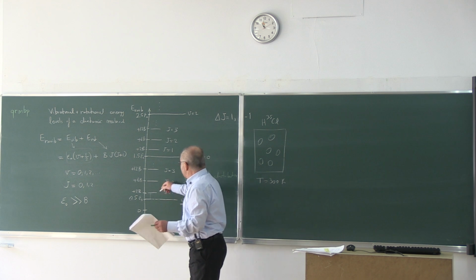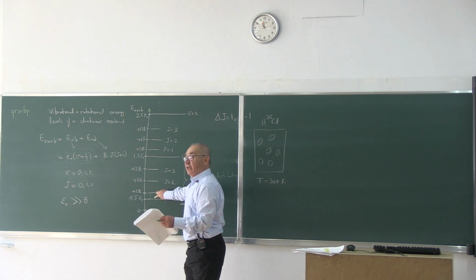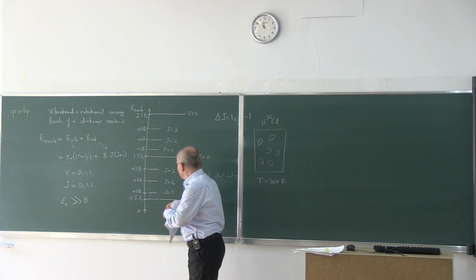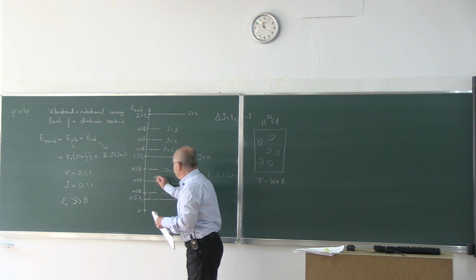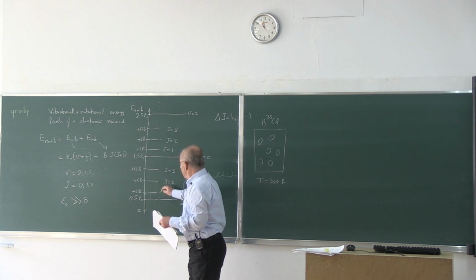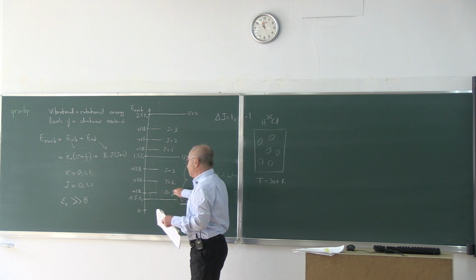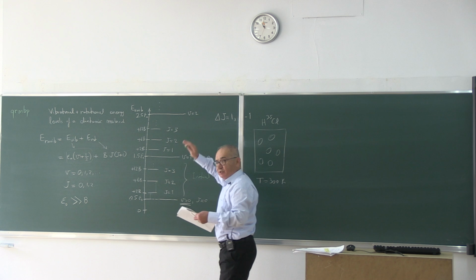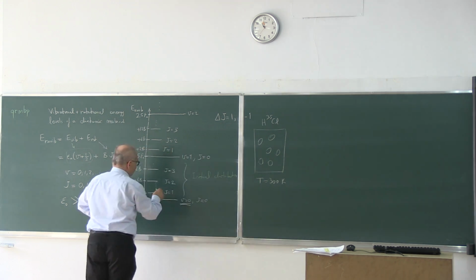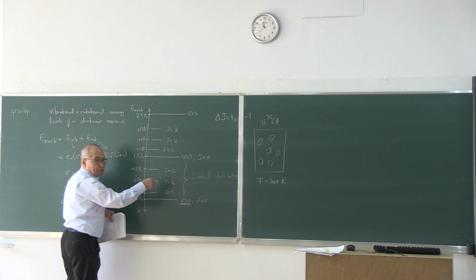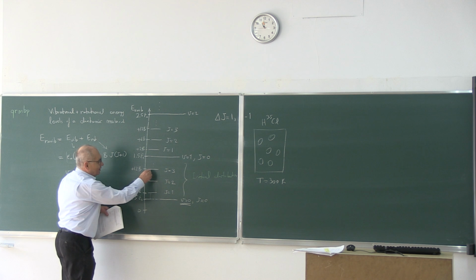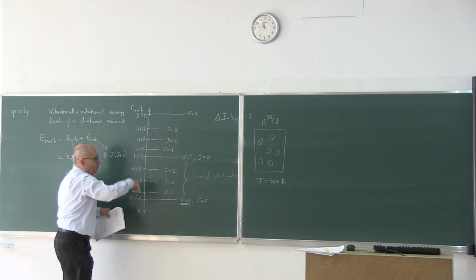Now, there are, of course, molecules already in J equals 1 level. Molecules in the J equals 1 level will make a transition to J equals 2 level according to this restriction, the rotational selection rule. Now there are molecules in J equals 2 level also, some molecules. Those molecules, when they absorb photons, will make this transition.